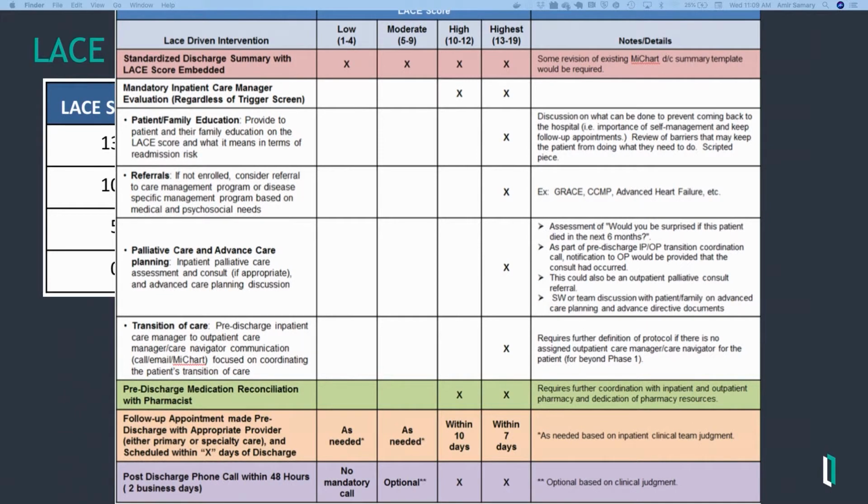And in addition, follow-up visits. 15 years ago when I did a project at Partners, for readmission, it was simple. Get those patients a follow-up visit within 7 days. Very simple, straightforward, and you can reduce lots of unplanned readmissions. So these are the activities that an organization will do based on the LACE score.